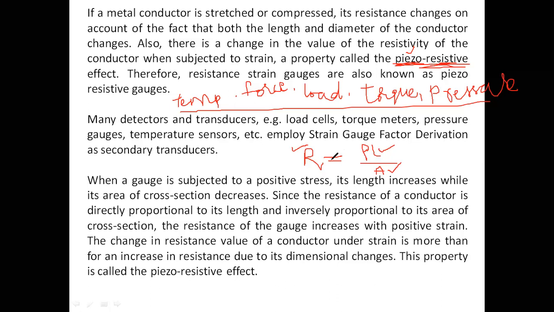The length of the rubber band will increase and the diameter of the rubber band will decrease. Which means the dimensions of the material are changing. Why are they changing? It has undergone some strain.